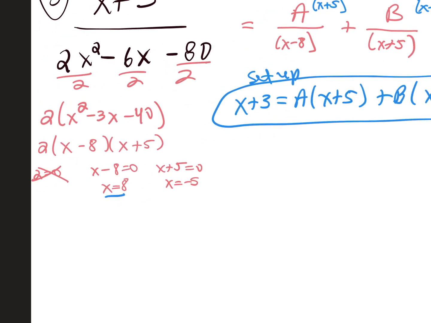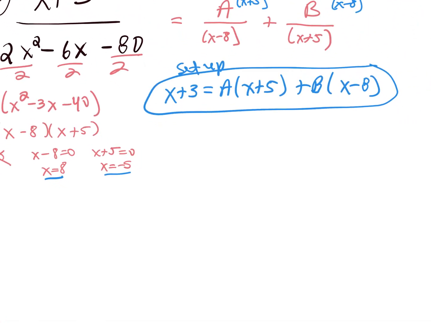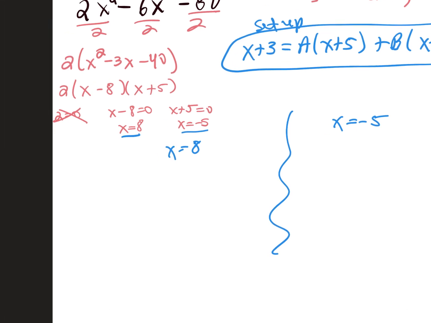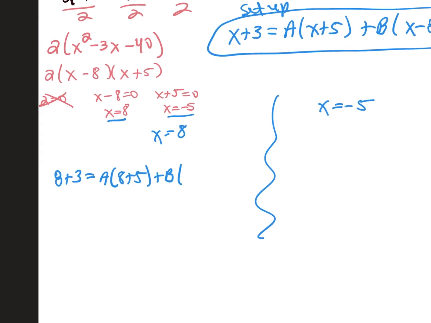So we're going to solve using x equals 8 and using x equals negative 5. So let's come down here. So x equals 8. And over here, x equals negative 5. So I have 8 plus 3 equals a times 8 plus 5 plus b times 8 minus 8.